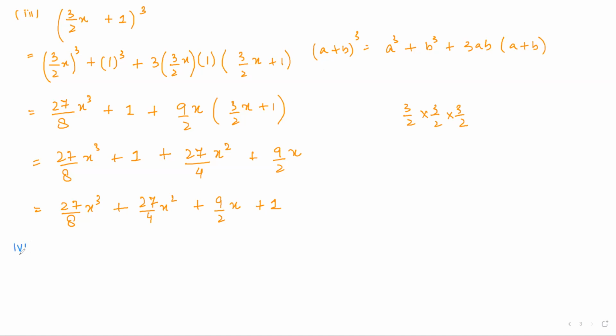Okay, now I want both of you to do this one on your own right now. Fourth part. (x minus 2 by 3y) whole cube. This is (a minus b) whole cube. Please do it.